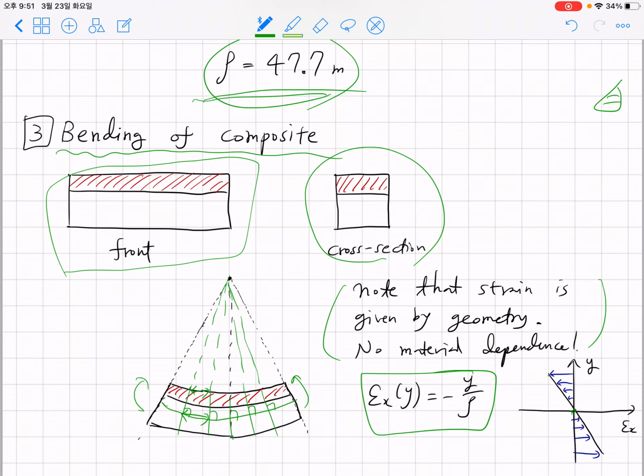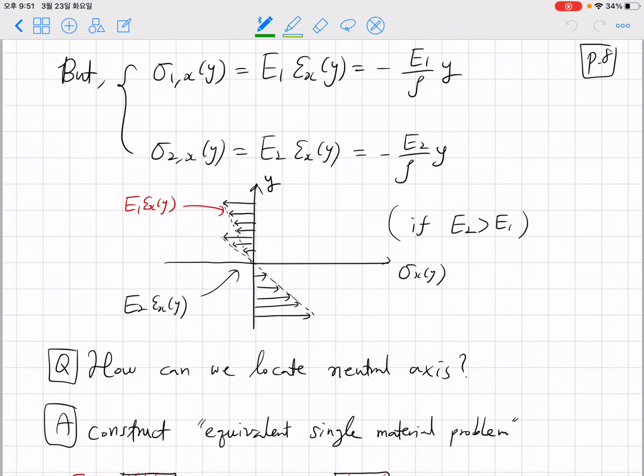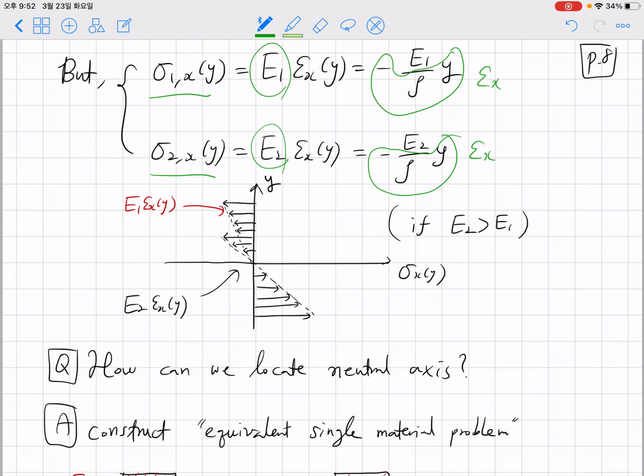However, even though we have this simple linear strain relationship, we're going to have a different stress in different materials. Why is it so? When obtaining the stress for material 1, we have to multiply by E1. When we have to obtain stress for material 2, we have to multiply by E2. So we have to multiply the modulus by the strain.